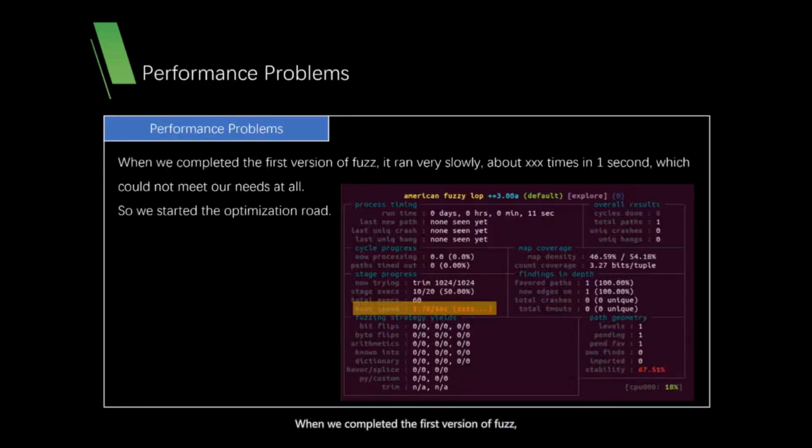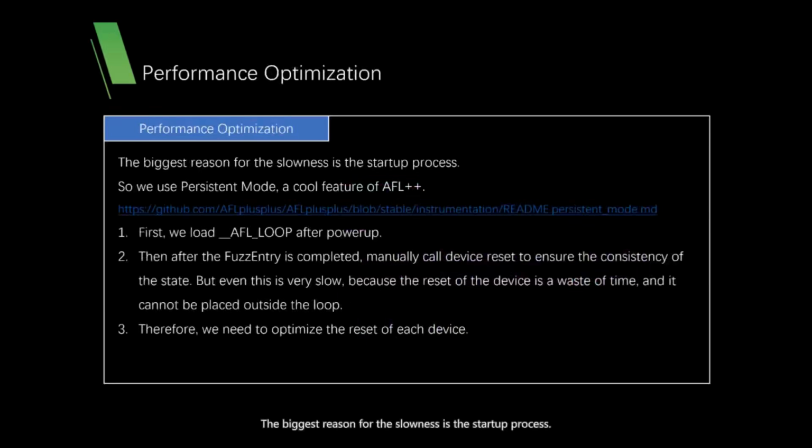When we completed the first version of the fuzzer, it ran very slowly, about 2 times per second, which couldn't meet our needs at all. So we studied the optimization rules. The biggest reason for the slowness is the startup process.